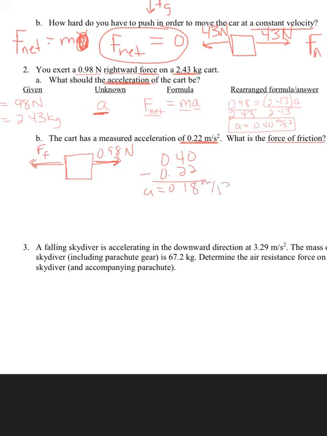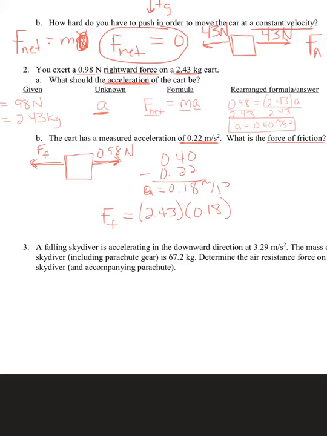Now, if we multiply this 0.18 times the mass, we have our force of friction. That means we multiply our mass, 2.43, times 0.18, and that should give us our frictional force in the opposite direction.